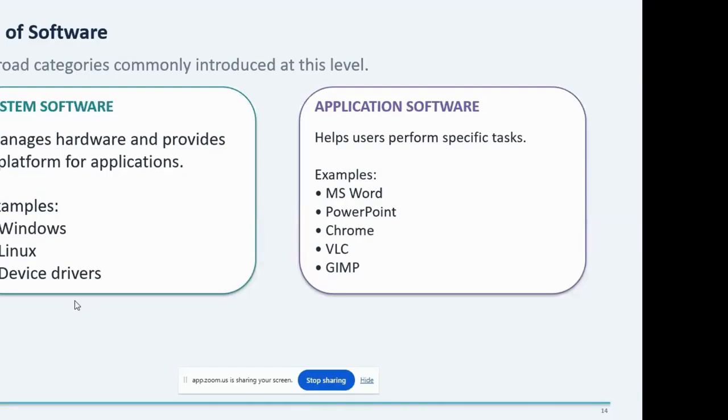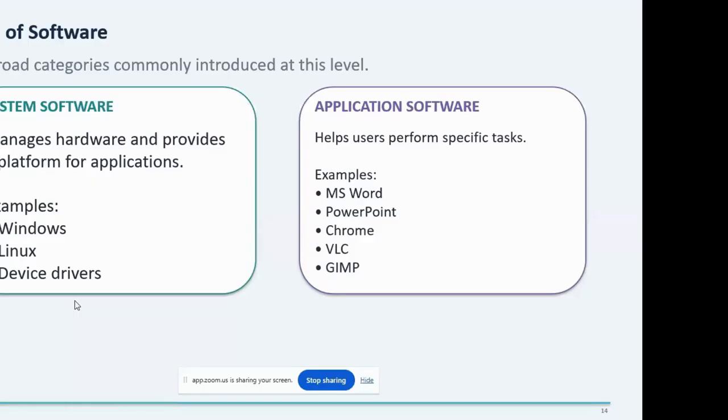Now coming to the application software. Apart from system software, why do we need application software? As I told you, the system software is used to manage your hardware parts. Now, if you want to do a presentation, I cannot use the operating system.